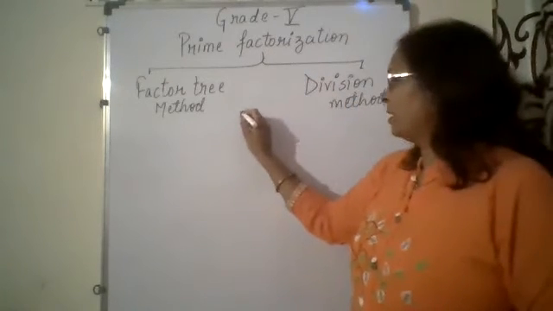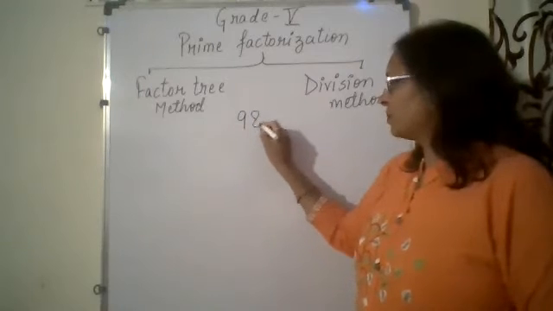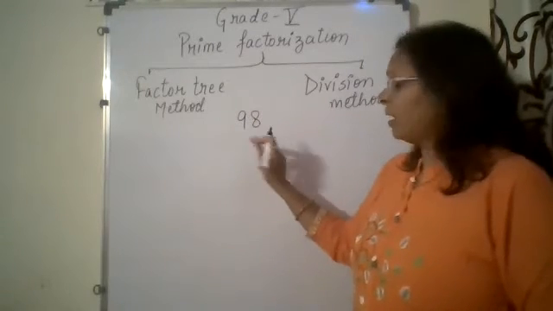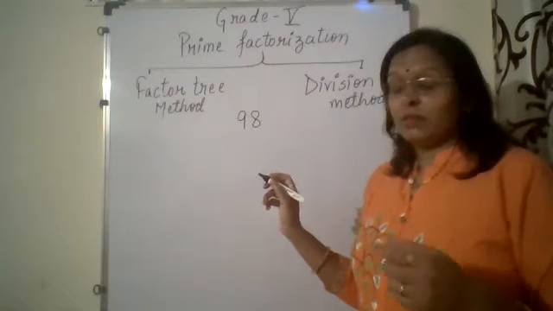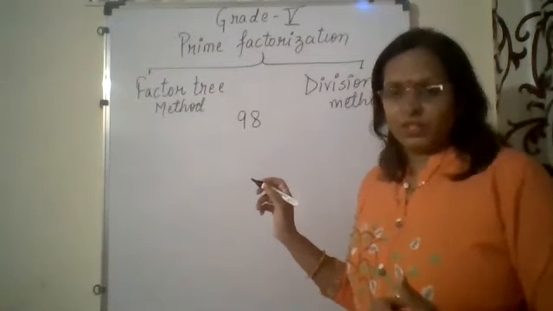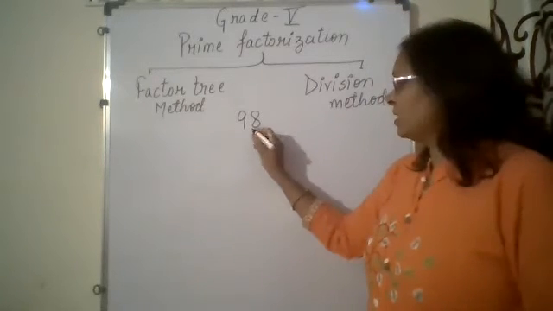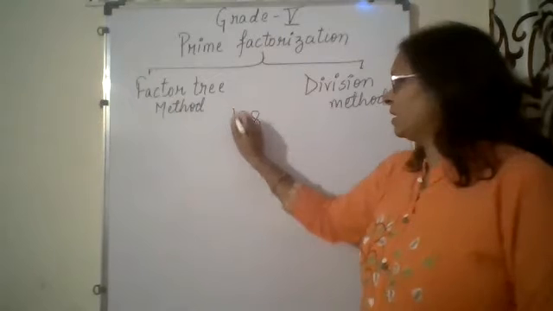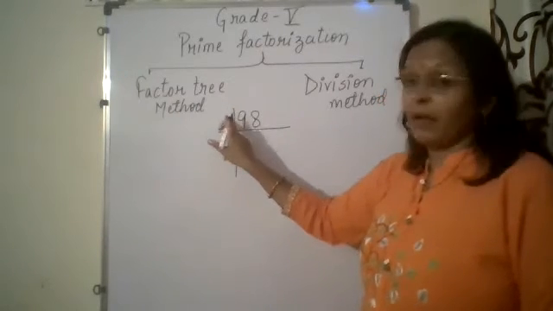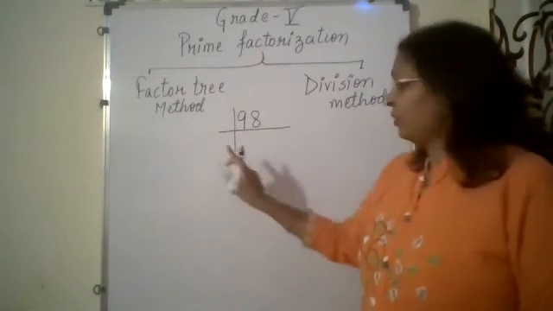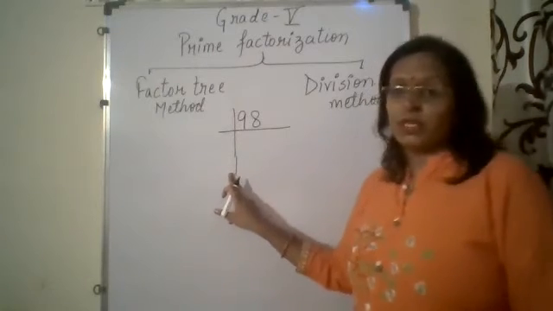Let's take the number 98. Last time I taught you the divisibility rules. We always divide these numbers by prime numbers only. We will not take any composite numbers here.